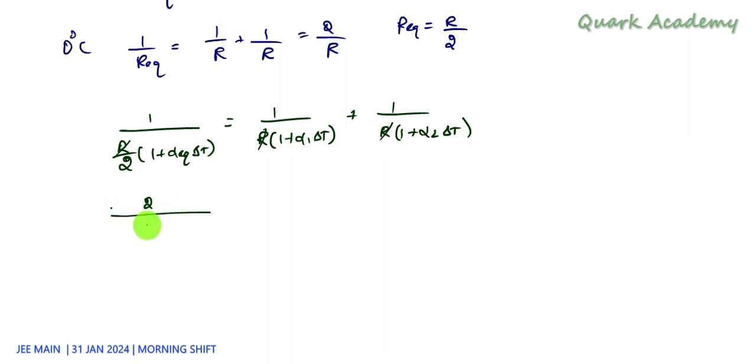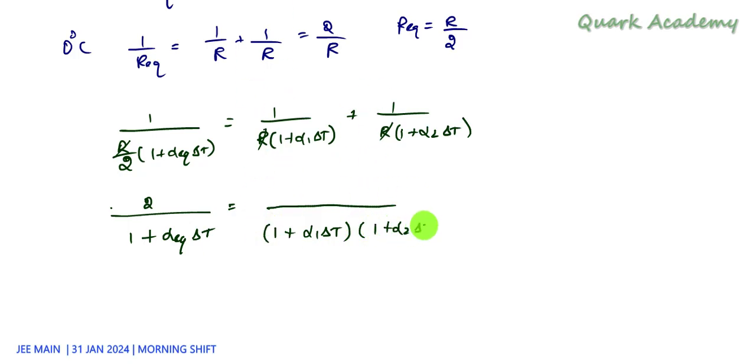So this will become 2 by 1 plus alpha equivalent delta T, which is equal to, let's take the LCM and do things. This will become 1 plus alpha 1 delta T into 1 plus alpha 2 delta T, and here we'll get 1 plus alpha 2 delta T plus 1 plus alpha 1 delta T.